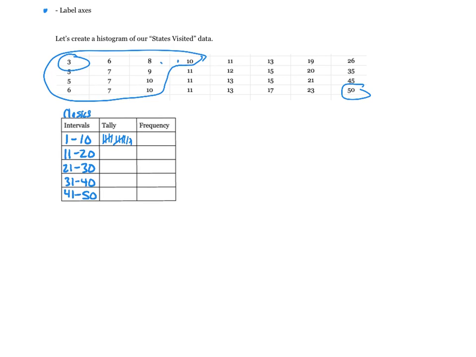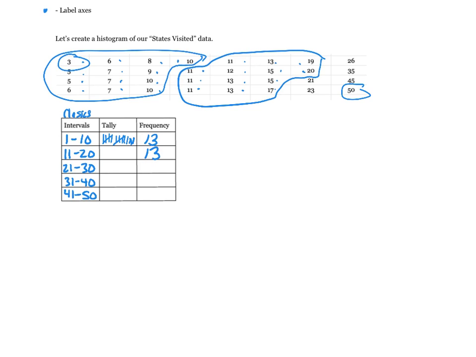So there's 1, 2, 3, 4, 5, 6, 7, 8, 9, 10, 11, 12, 13. That's the nice thing about having the data in order, is that I don't have to go through and tally and count them up. From 11 to 20, that would be these. So I have 1, 2, 3, 4, 5, 6, 7, 8, 9, 10, 11, 12, 13 in that group as well.